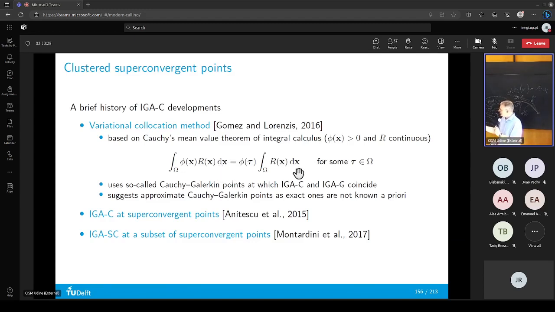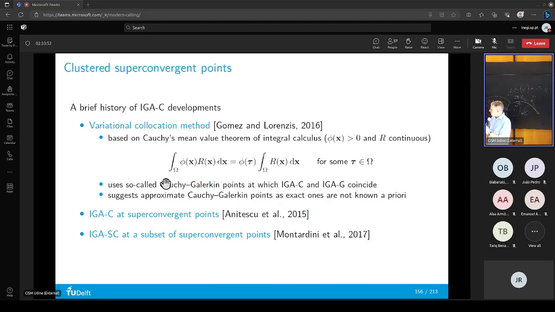So that was one paper from 2016, and then they called them Cauchy-Galerkin points because it's based on Cauchy and gives you Galerkin. They figured out that it's not possible to find them in general, and then they suggested some approximate Cauchy-Galerkin points, where the equality becomes an approximation, but it's still okay.